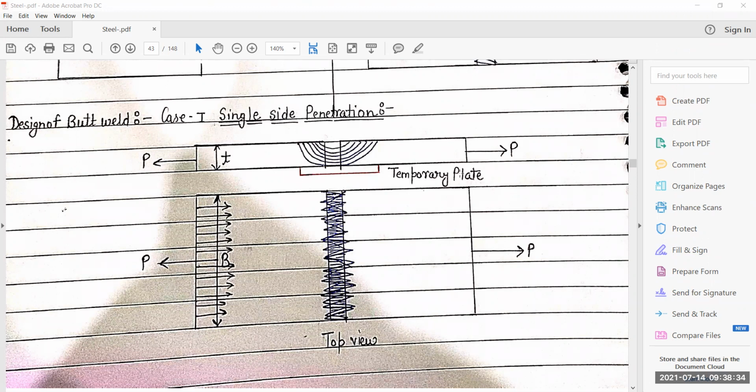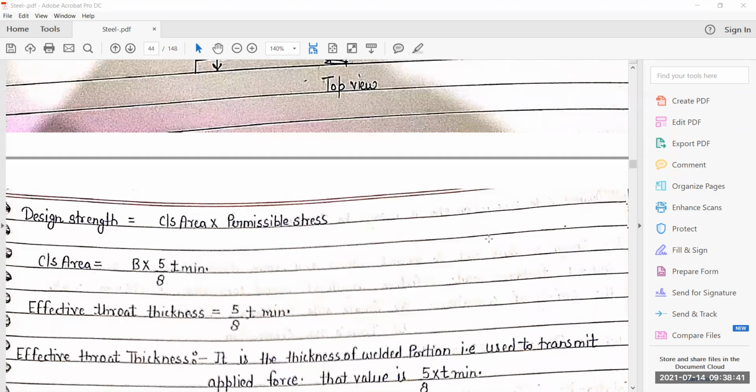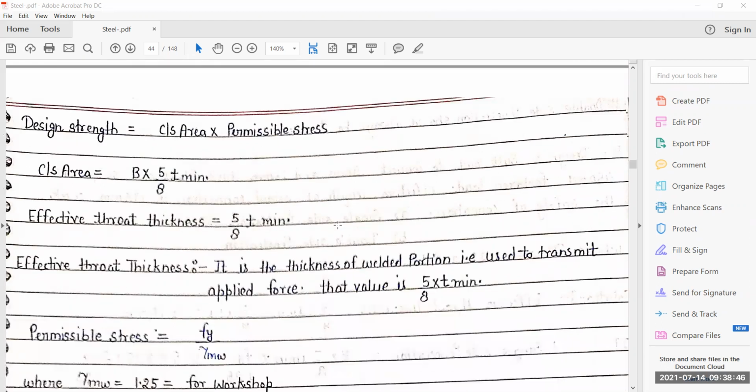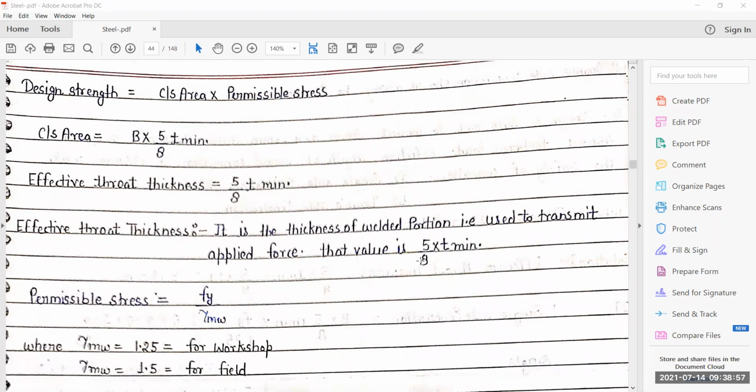The top view of the plate, where both plates are connected. Design strength equals cross section area into permissible stress. The cross section area equals B into 5 upon 8 T minimum. The effective throat thickness is the thickness of the welded portion that is used to transmit the applied force, and its value is 5 upon 8 into T minimum.